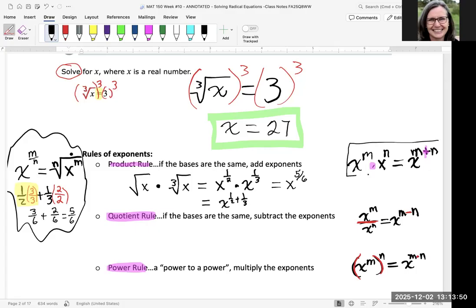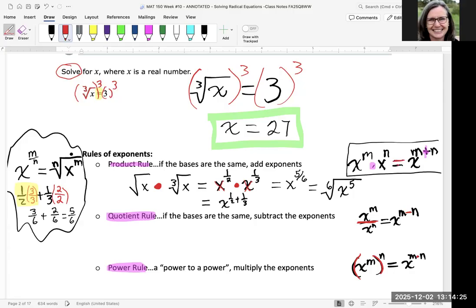If I'm asked for the radical instead of the exponential, then my 6 is the index, and the 5 is the exponent. Pause the recording if you need to. Again, I'm multiplying. I chose to write my expression with exponents instead of radicals. My bases of x are the same, and I'm multiplying.